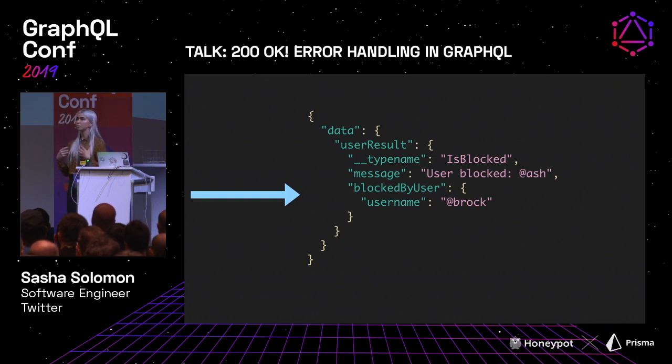So that means that someone blocked this person. And then the message is user blocked Ash. We probably could have a more useful message there, but that's what we have. And then we have the other field that we asked for, blocked by user, and it looks like Brock blocked Ash. He doesn't want to hear from Ash anymore. He's tired of it. So we can see that we were able to ask for the user and then other user states.